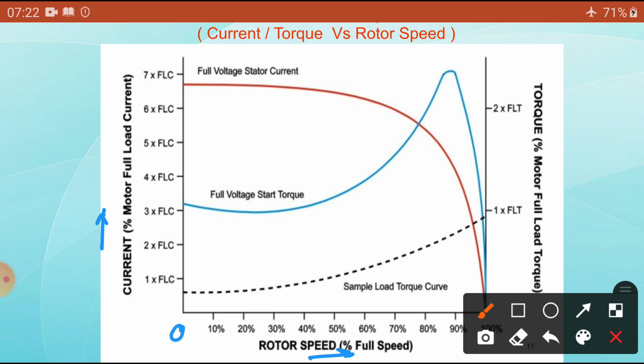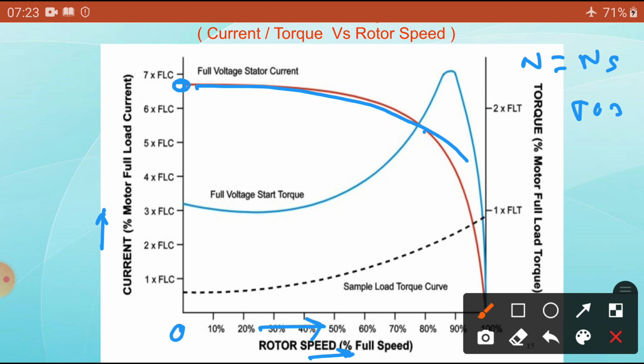Now you can see at 0 initial speed, N equals 0, this much current. Once the speed picks up, the current slowly decreases. Once it reaches nearby synchronous speed, that is N equals Ns, the current is 0, torque is 0, and then automatically the motor will stop.